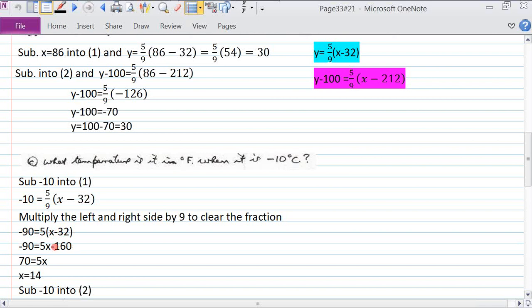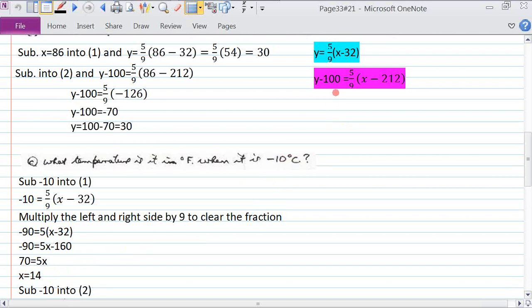And then we bring the minus 160 to the right side. I get 160 minus 90 gives me 70, and I still have the 5x, and x equals 14. So minus 10 degrees centigrade is 14 on the Fahrenheit scale.